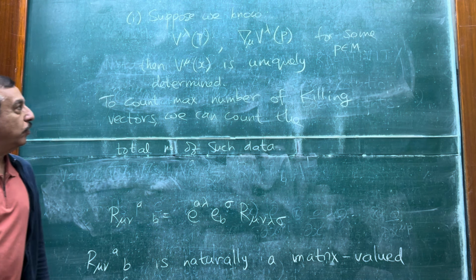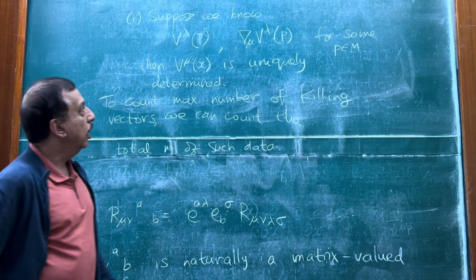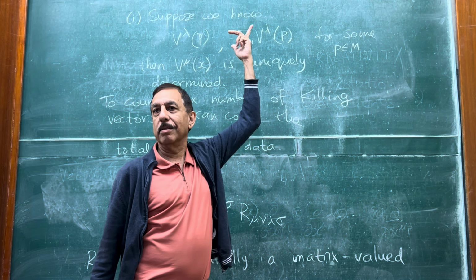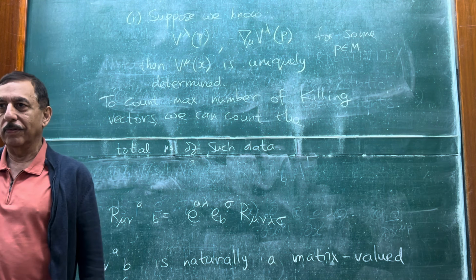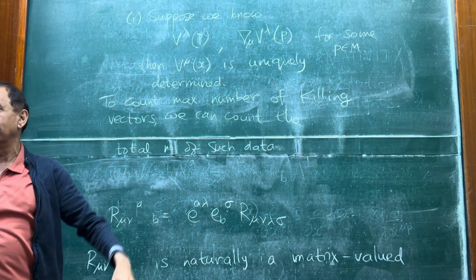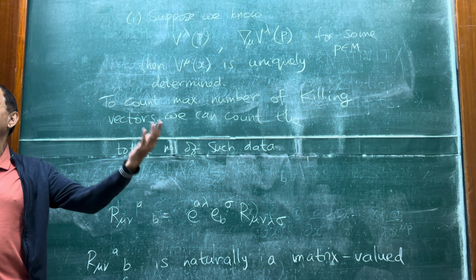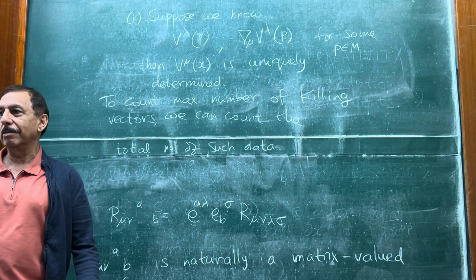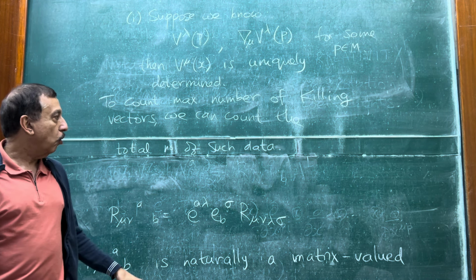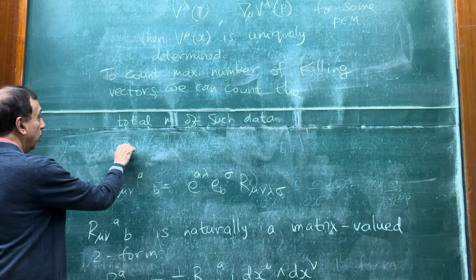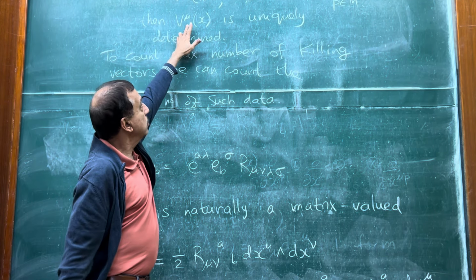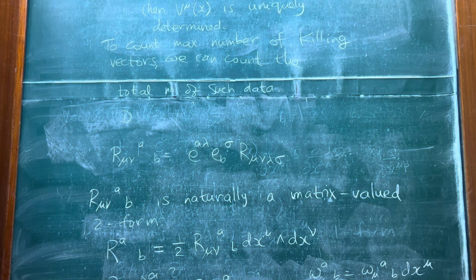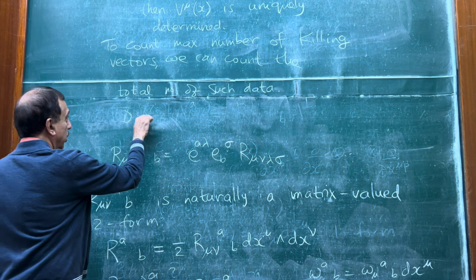Let's assume first that there are no Killing vectors. Then I'll never be able to find a V such that gradient mu V lambda is minus gradient lambda V mu. So that's the end of that. It's not guaranteed that I can find such initial conditions. But let's say the manifold wants to be as symmetric as it can be, and therefore all these initial conditions exist and are independent. So let's count them. There are D initial conditions on V because it has one index. And how many initial conditions correspond to the gradient of V? D times (D minus 1) over 2.